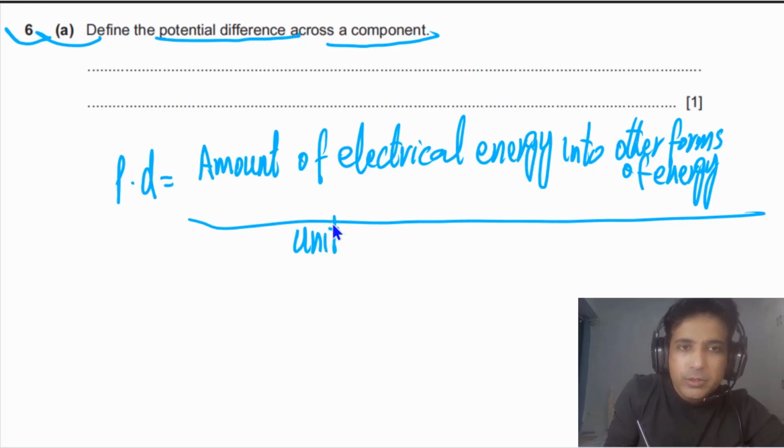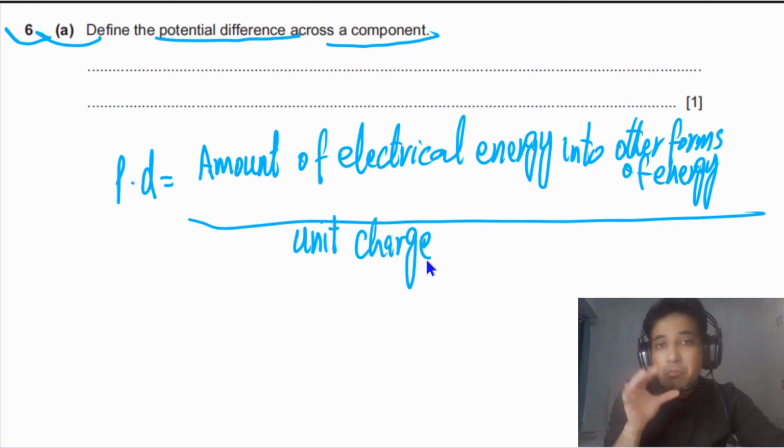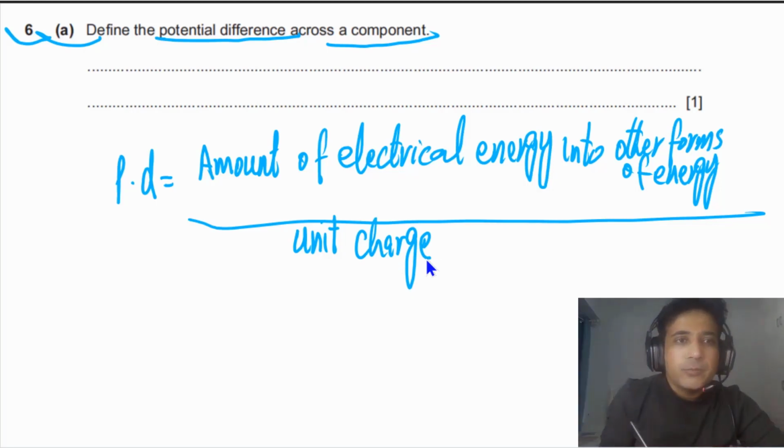So this is how you can define potential difference across a component: the amount of electric energy converted into other forms of energy per unit charge.